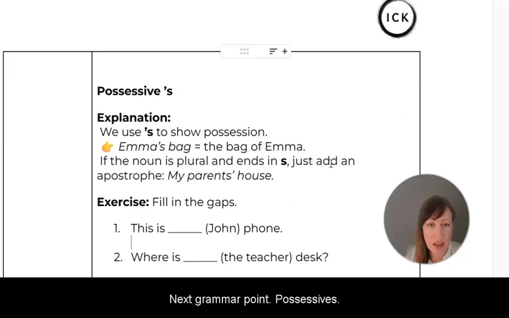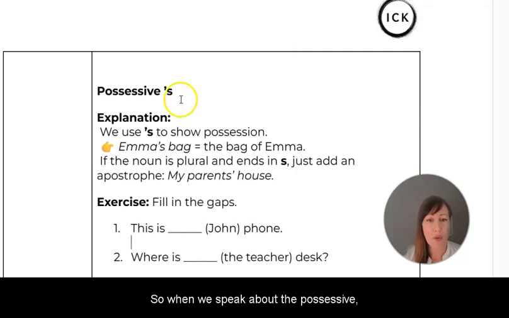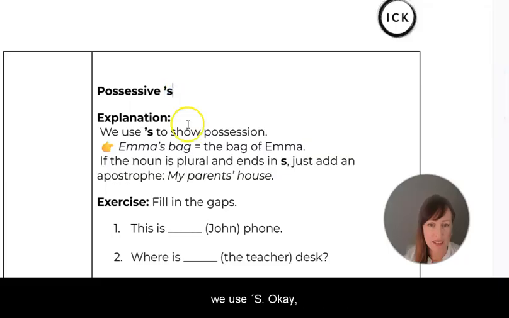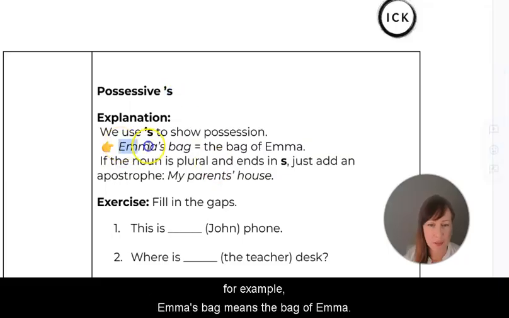Next grammar point, possessives. So, when we speak about the possessive, we use apostrophe S. Okay? For example, Emma's bag means the bag of Emma. Sabrina's car means the car of Sabrina.